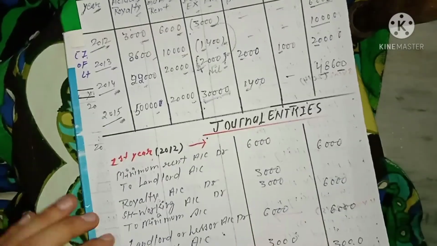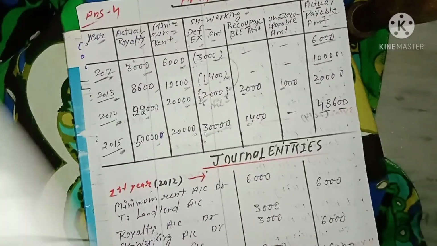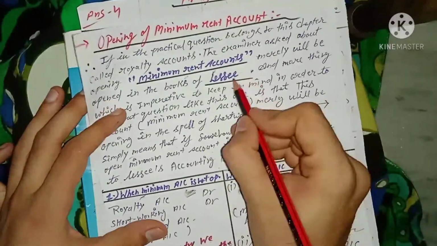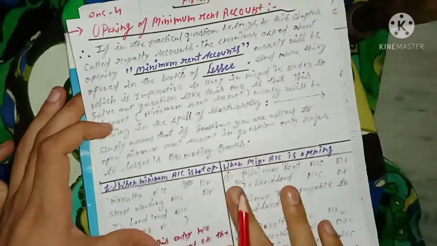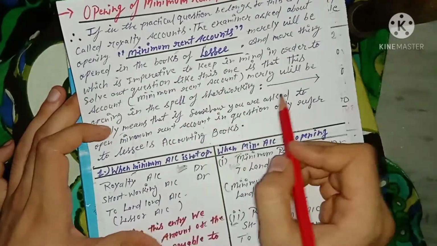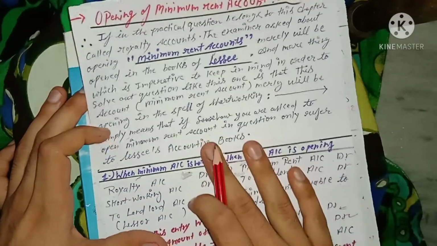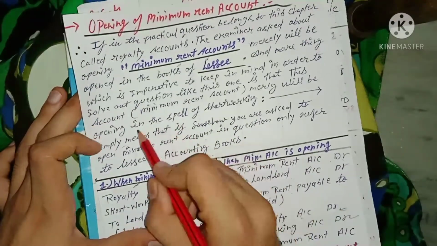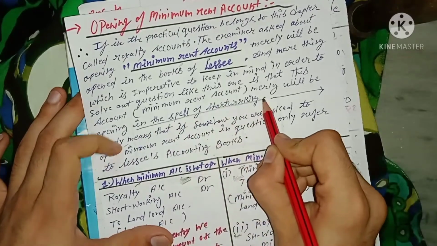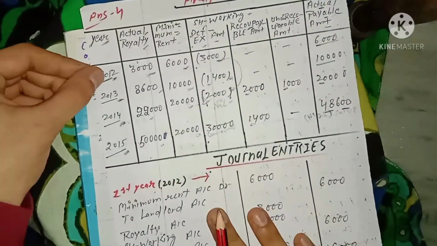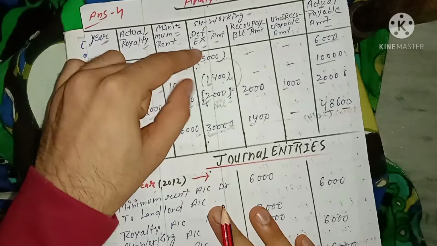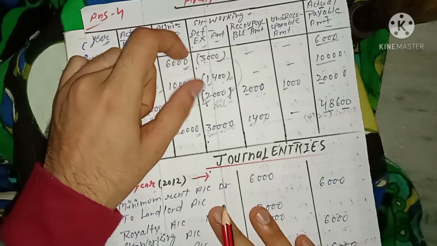So here I have already mentioned that this minimum rent account will be opened only in the year when short workings occur, only in the spell of the short working. So here you can see only in the years 2012 and 2013 we have short working amounts, 3,000 and 1,400.